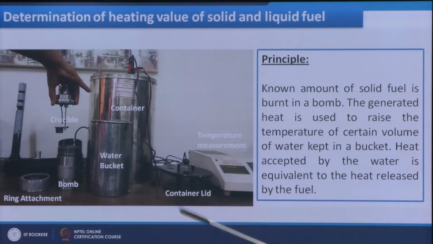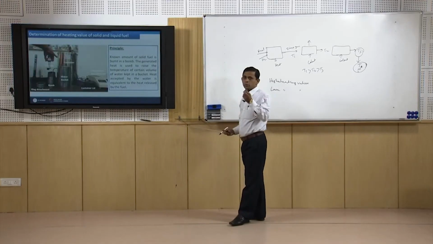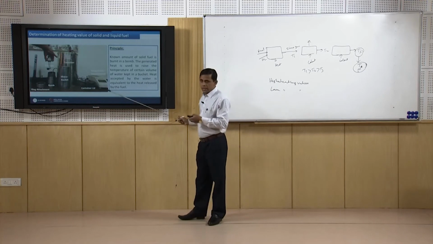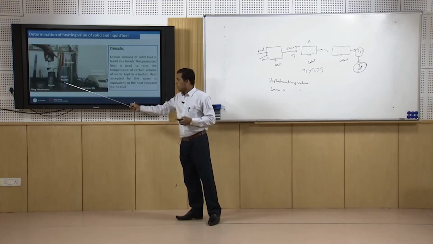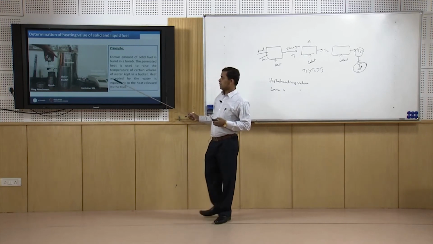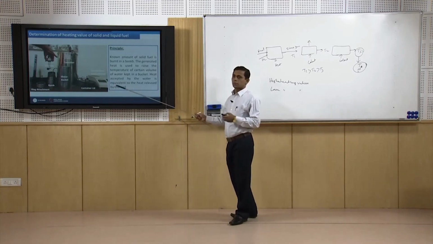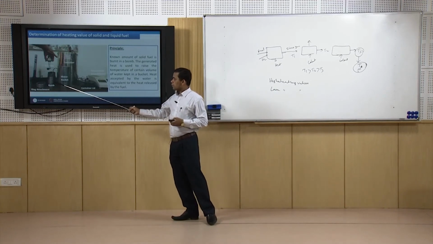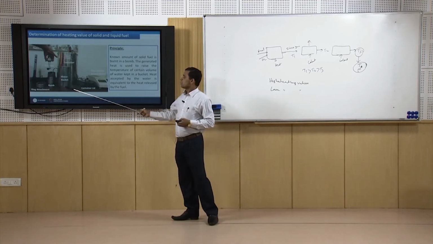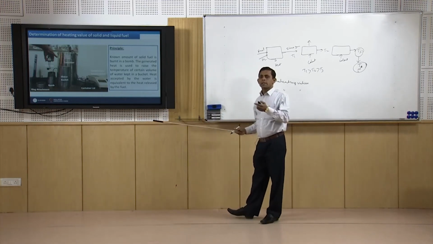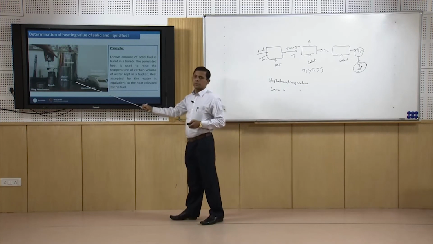Thereafter we will collect the fused wires, if any, straighten them and measure the length of the wire, and subtract it from 10 centimeter. That will be used to determine how much energy the wire has generated during combustion.